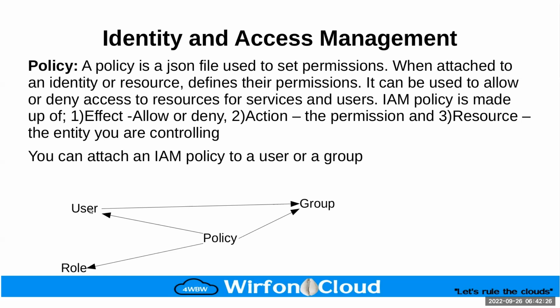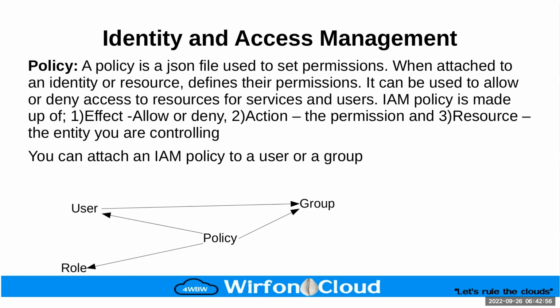And users belong to groups, right? You can apply a policy either to a user, or you can apply a policy to a group, because a policy will give the permissions that a group will have, or the permissions that the user will have. The same thing, a policy can be applied to a role. Remember that a role is similar to an IAM user, but it's not assigned to a particular person or application.